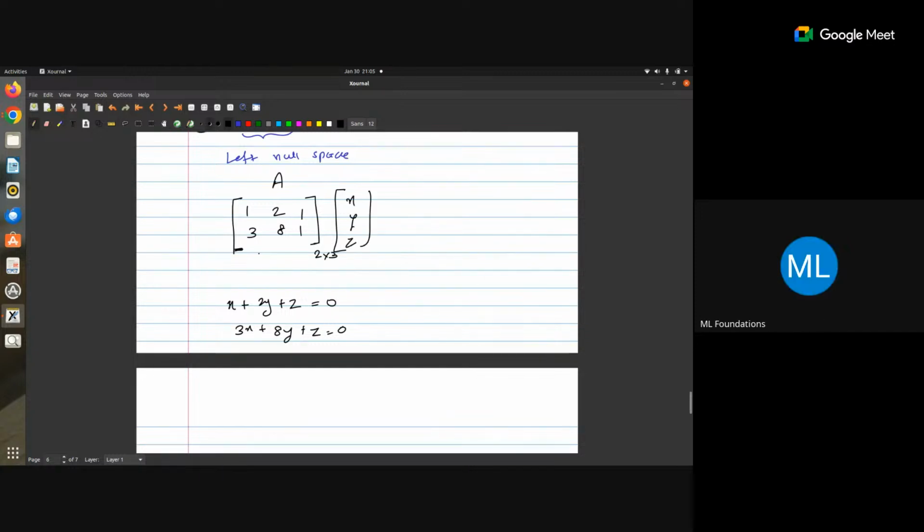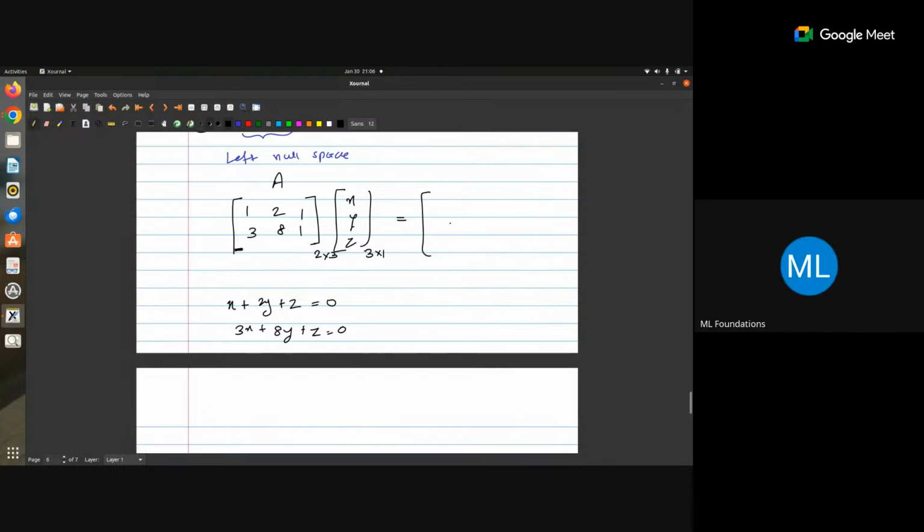Leaving aside the right hand side, what does the multiplication of this matrix and vector look like? This vector is 3 cross 1, so the result will be 2 cross 1, that is 2 rows and 1 column.